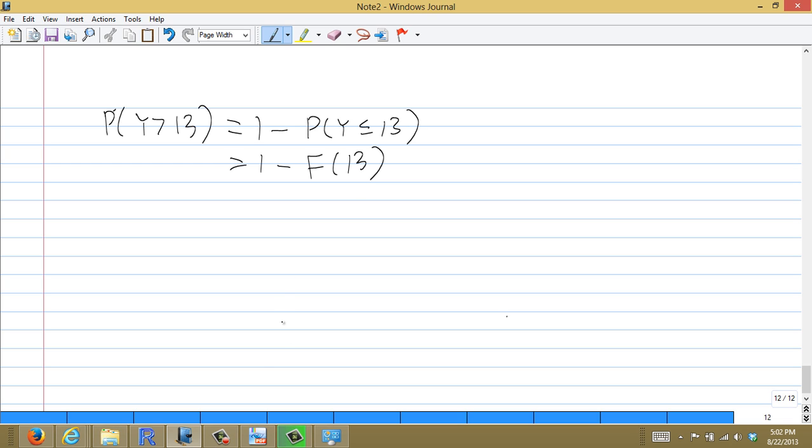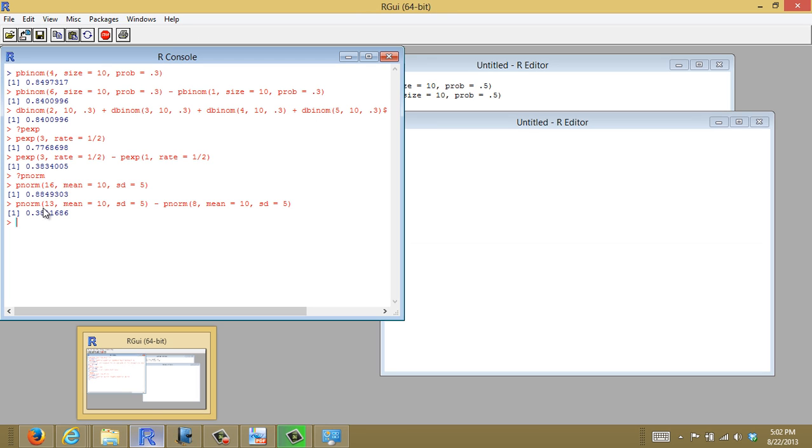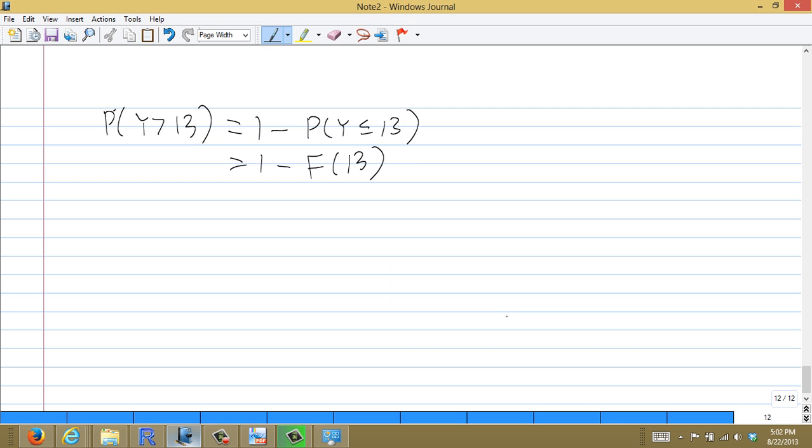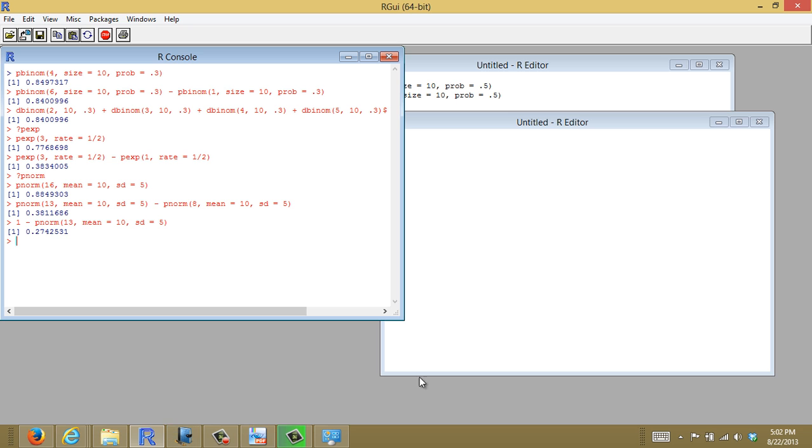So going back to R, we want 1 minus the CDF function evaluated at 13 with a mean of 10 and a standard deviation of 5. And so the answer to my last problem here is about 0.274. So we've worked through several problems now about how to calculate probabilities quickly and easily using R.